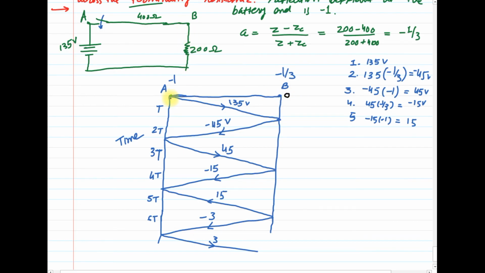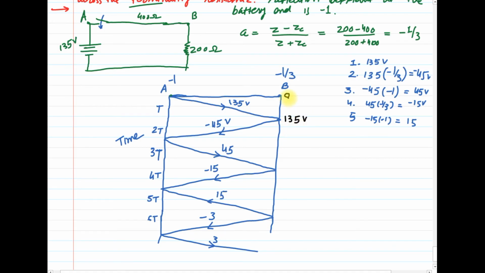Gradually over time the voltage wave travels through the transmission line and reaches the end of it, over here. So here the magnitude of voltage is 135 volt.